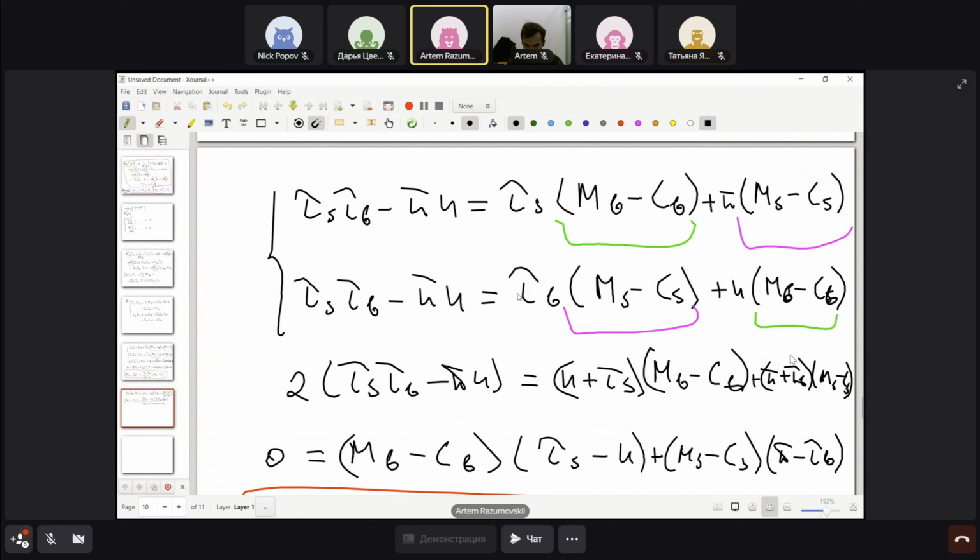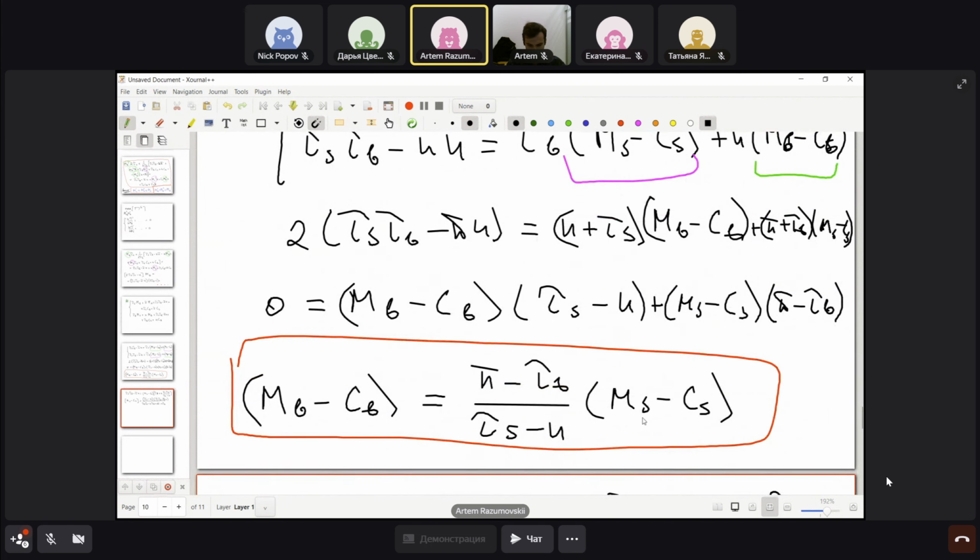So then I subtract one from another. So it should be tau s minus u, it will be b minus tau b. That looks correct. So then I put it to the other side. Yeah, I forgot minus here, right? Because I put it to the other side.